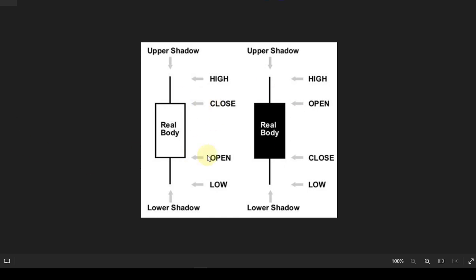Now, coming to candlesticks, the color does not really matter. Color is something an individual decides to choose for themselves that is suitable for them. That's why, when I showed you my chart, you saw the color that I'm using.